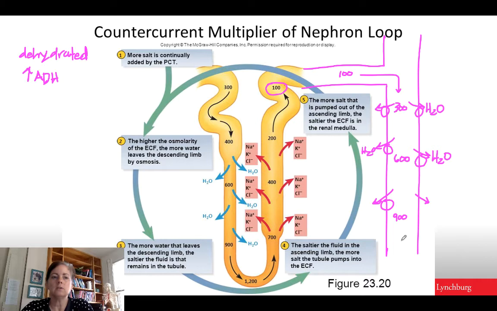So as a result, when we're dehydrated and we have secretion of ADH, we are able to concentrate our urine, so it's going to be highly concentrated, and it's not going to be much of it, because we've reabsorbed a lot of the volume of the urine by reabsorbing all of this water.